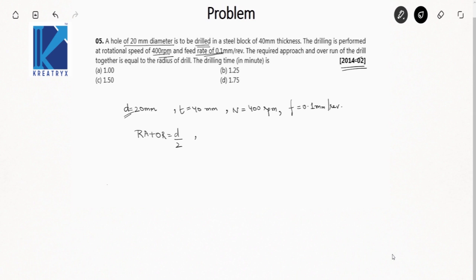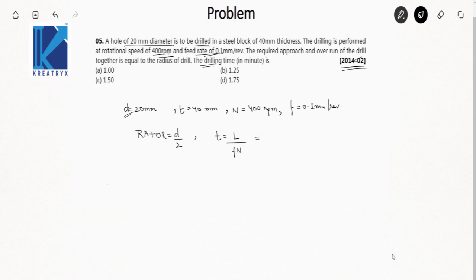Now they are asking for the drilling time. Time is basically calculated by the length traversed upon the speed at which it is traversing, which is represented as F into N.